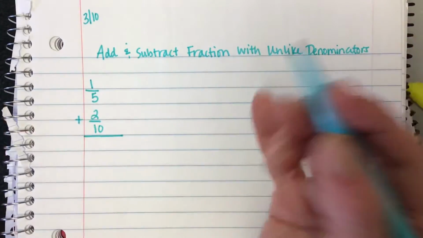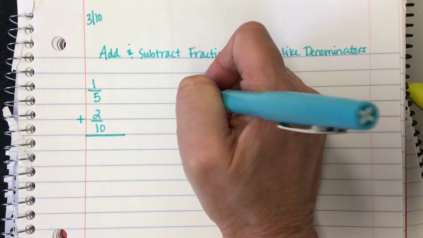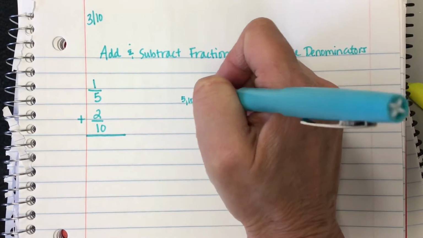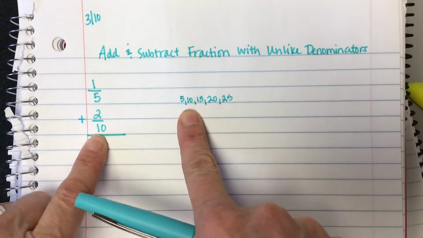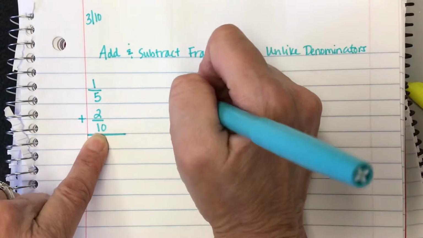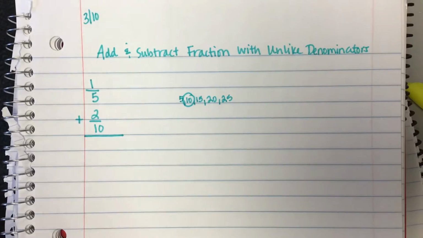We can list them out or you can do them in your head. The first 5 multiples of 5. And when I get to the second one, it's a 10, which I already have in my denominator here. So I only need to change one fraction.